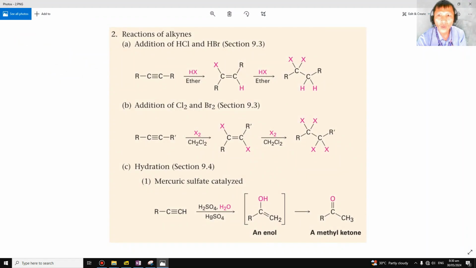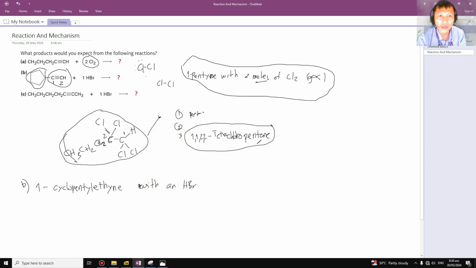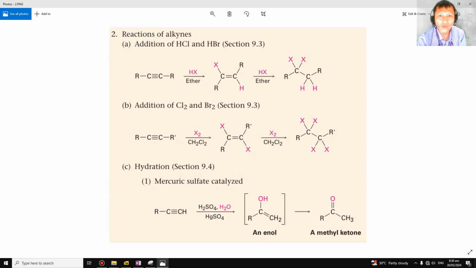There are 2 moles, but if you only have 1 mole of HBr, you could expect that your reaction will only stop here. Meaning the product would have a double bond.